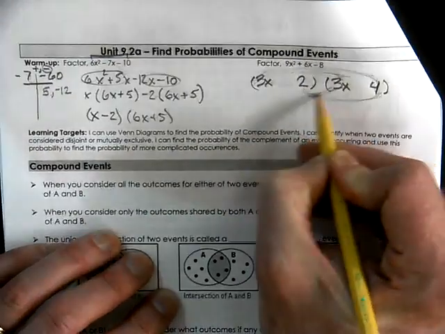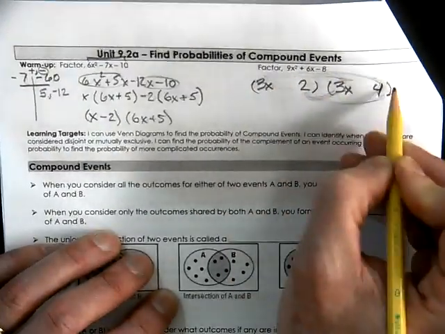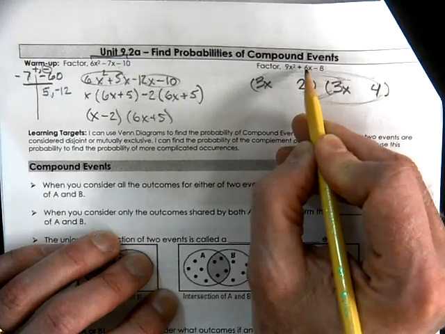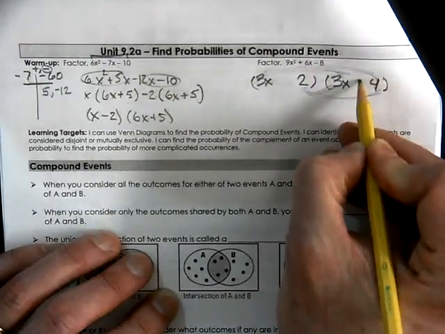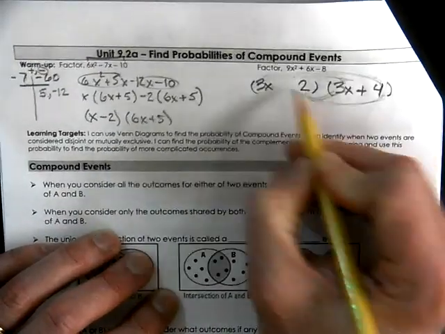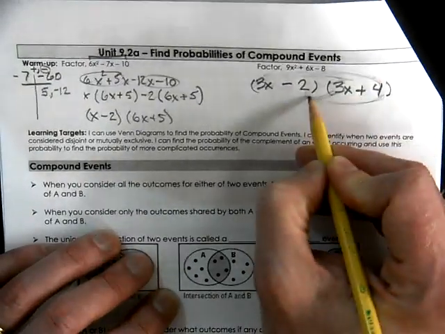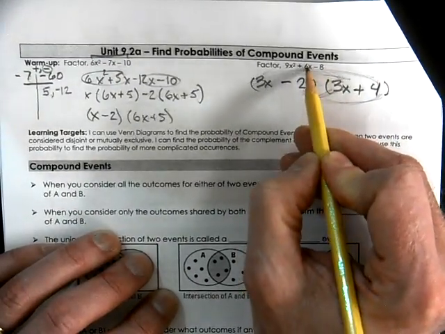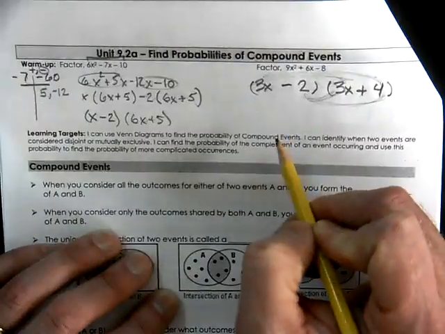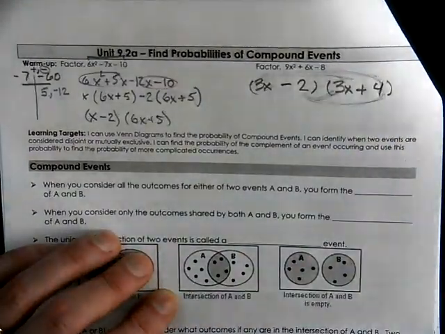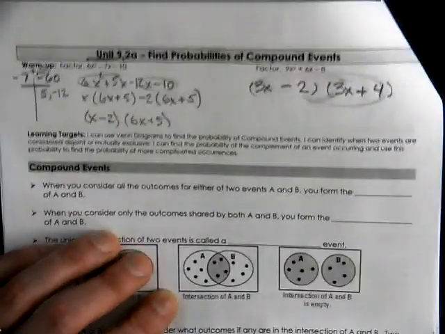And 2 times 3, that would make 6. So 12 and 6 can make 6, if it was a positive 12 and a negative 6, then we just added to become 6. And there's our factoring. We're done.